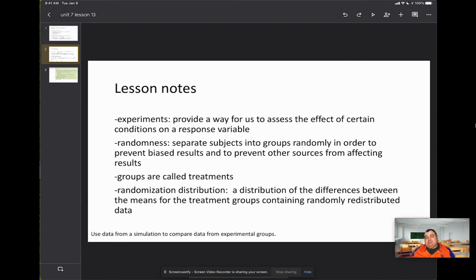There was another example in a stats textbook that I've used before, where they were testing the effectiveness of an energy drink, and they divided the participants into two groups randomly, and one group was given the actual energy drink, and the other group was given a placebo. And the placebo was a fake energy drink.